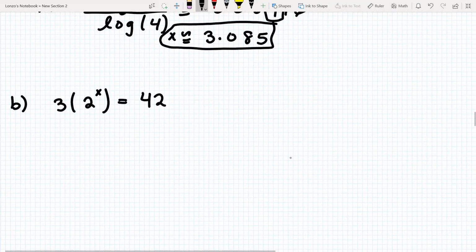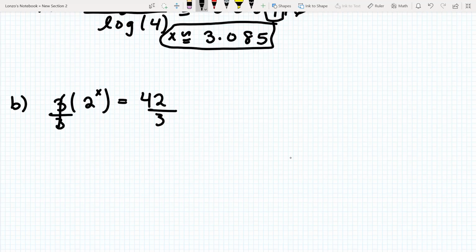Okay, let's do the same thing with B. There's no way we can get everything in a common base, right? So first off, before we take the log of both sides, let's get rid of this 3. We can get rid of 3 by dividing both sides by 3.